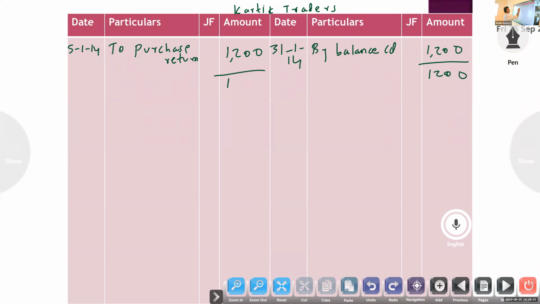Same like Sahil, Kohinoor, then Honda Traders.